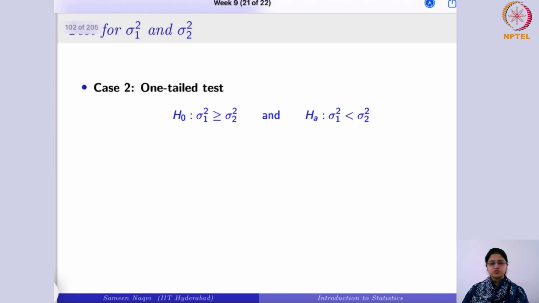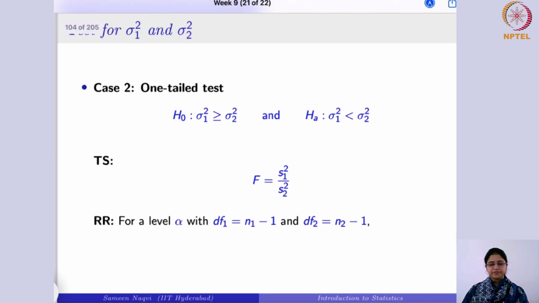Same way, case 2 would be your left tail test. So in left tail, the alternative would be defined in this way, and the test statistic would be the ratio of the two sample variances. Again, same thing, and you would be rejecting the null hypothesis if your F statistic that you have obtained is less than F of 1 minus alpha. So it is calculated at 1 minus alpha.